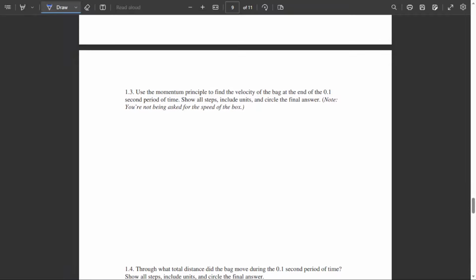The momentum principle tells us the change of momentum is equal to the force. We are going to assume that the force we apply to the bag is constant for the 0.1 seconds, which lets us write the change of momentum, or the change in time, is equal to the average force applied to the bag.